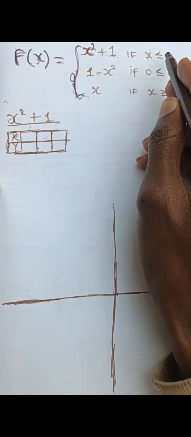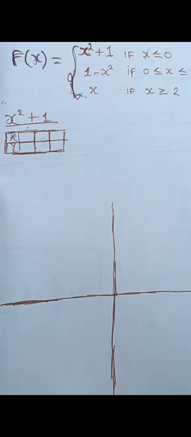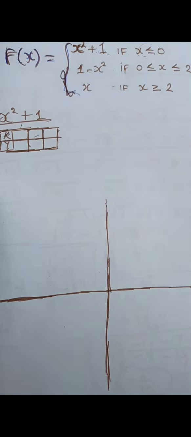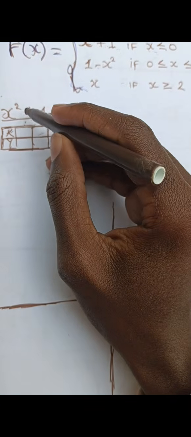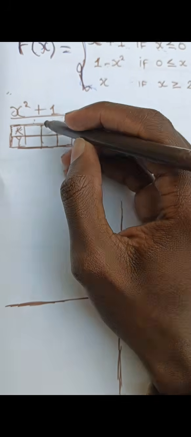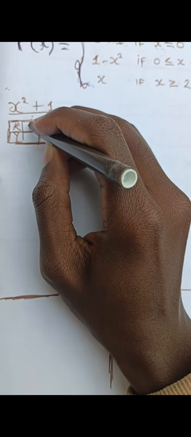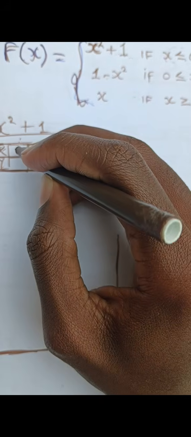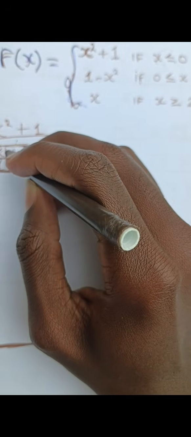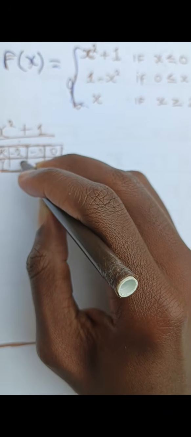The values of x, they are saying they have to be less than 0, but 0 should be part of the set, meaning that when graphing, the bubble will be shaded. Okay, so on x here, let's put the values which are less than 0. So let me start -2, -1, 0.